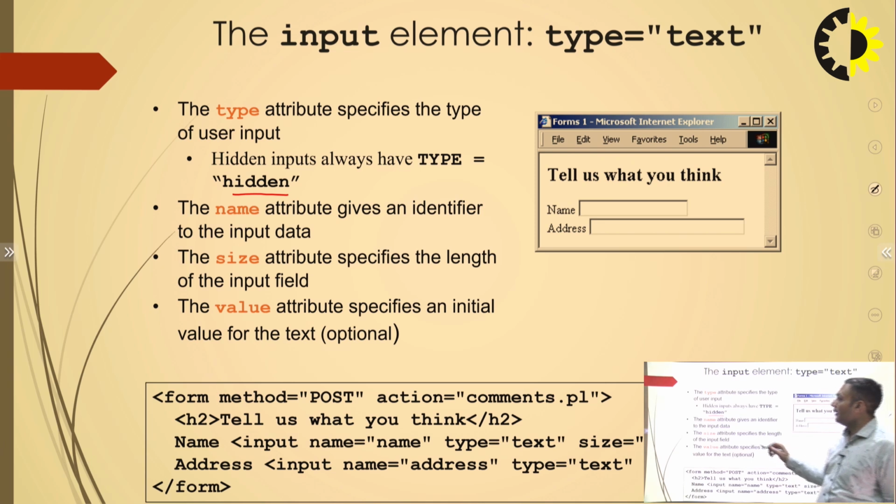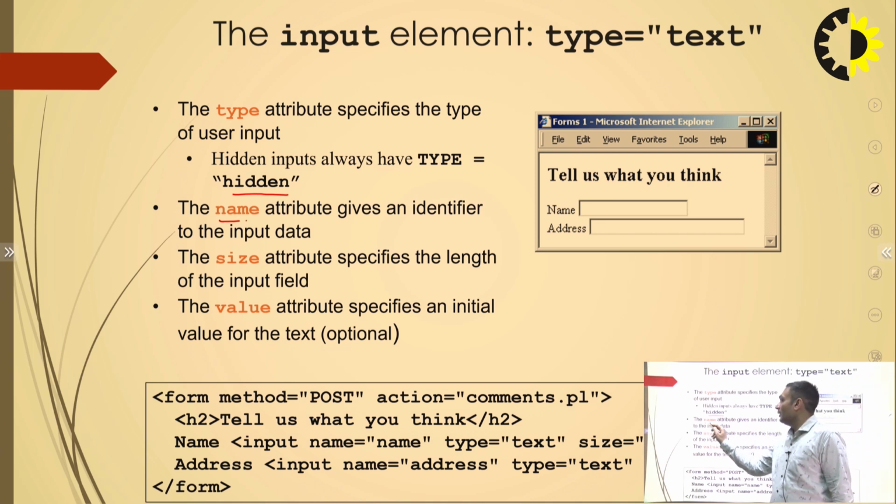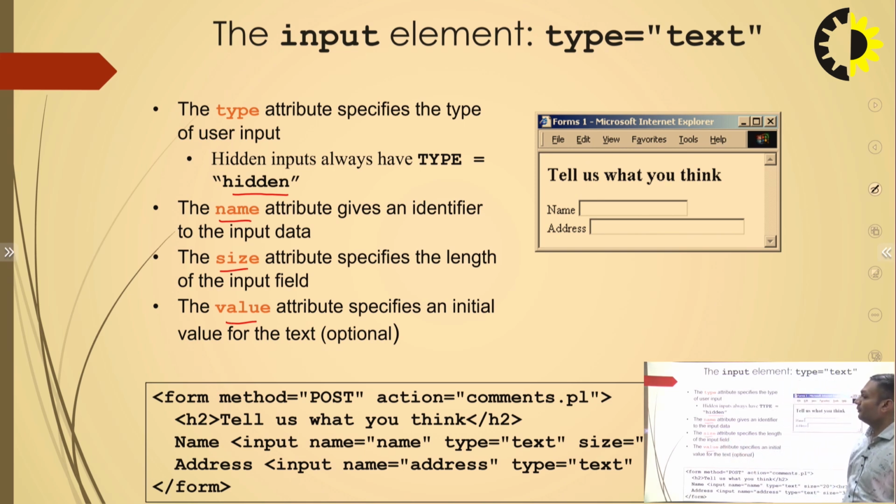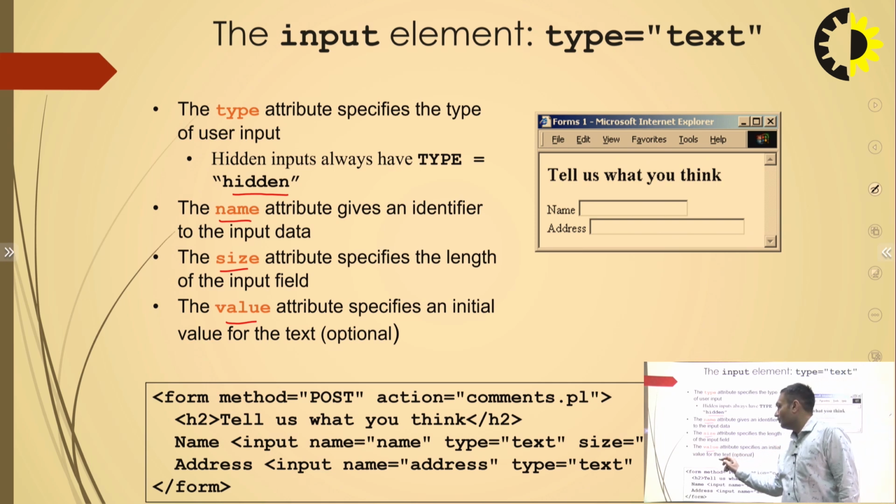The other attributes we can use when defining the type are name, size and value. Name is the identifier for the input data, size is the length of the input field, and value is the initial value that we want to display in the text. It is optional as well.